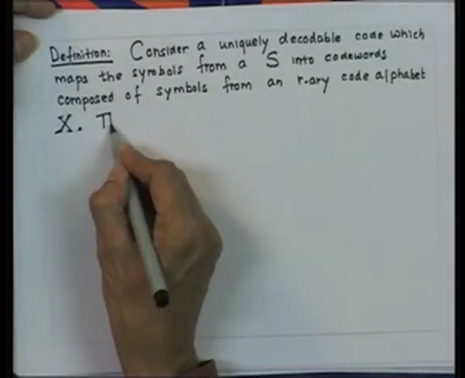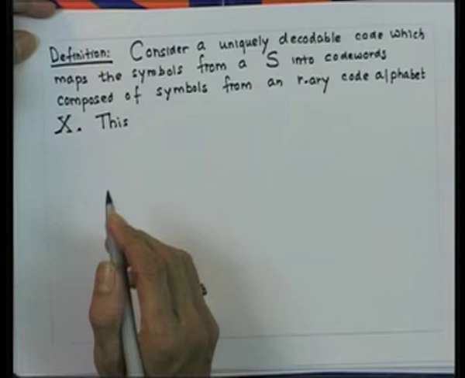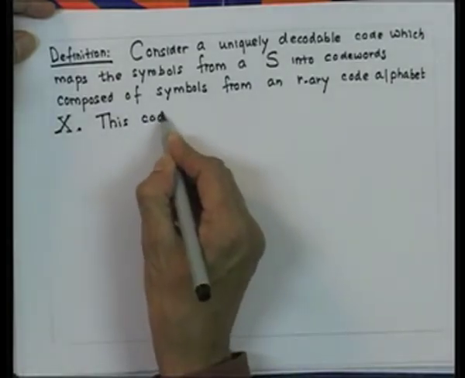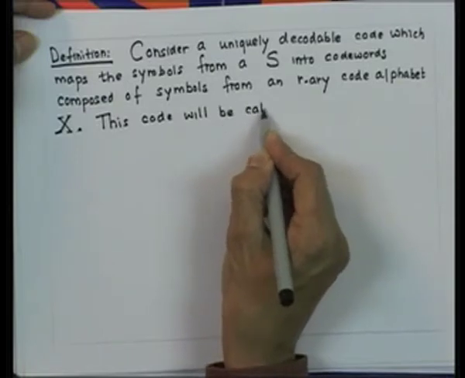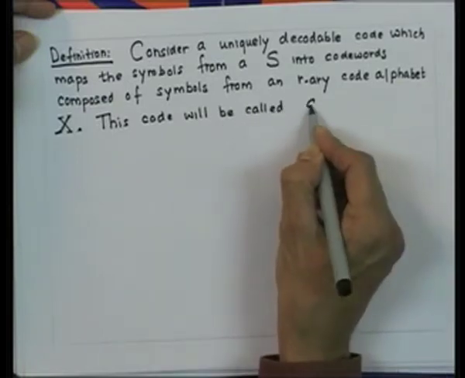Now, this uniquely decodable code will be called compact.